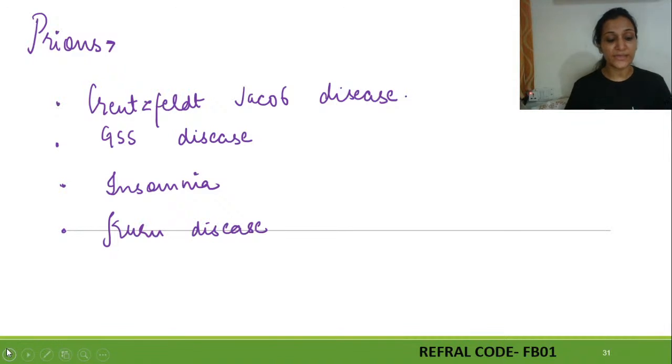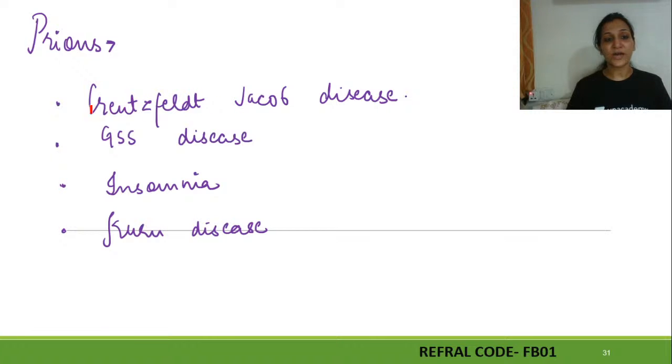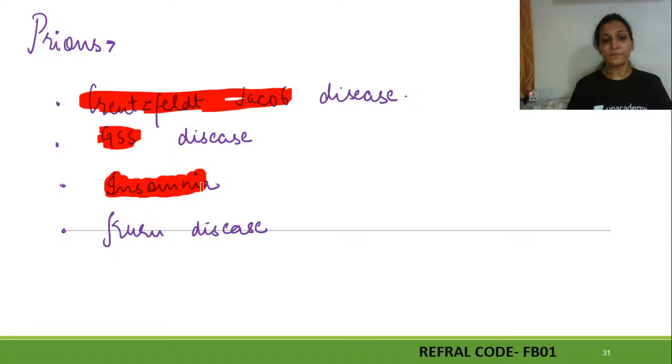So we'll just revise them once again. That is your prion diseases: Creutzfeldt-Jakob disease, then GSS disease, then insomnia, then Kuru disease, because of the prions.